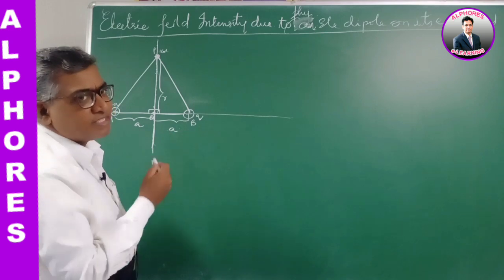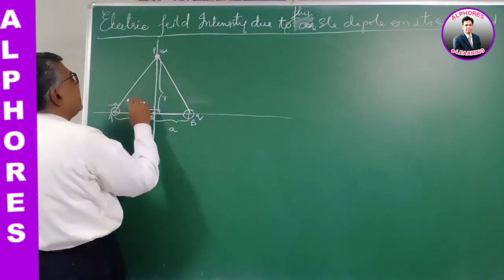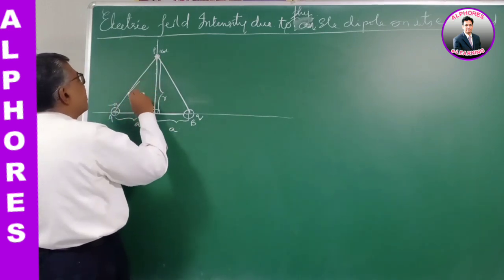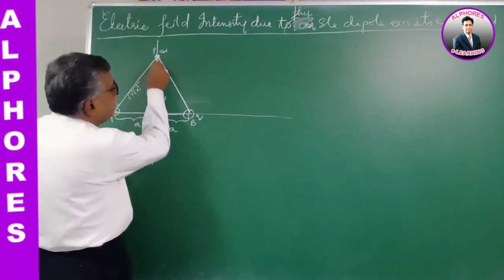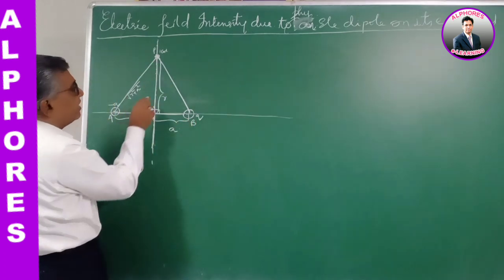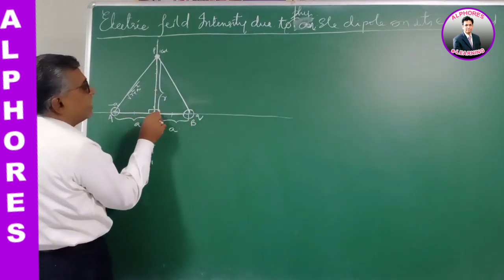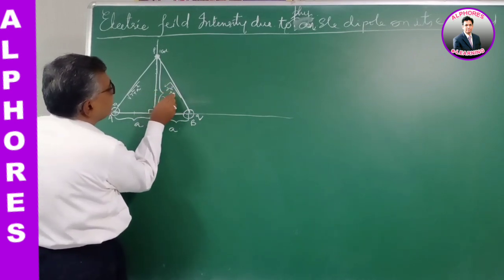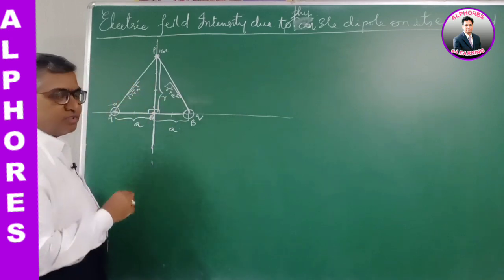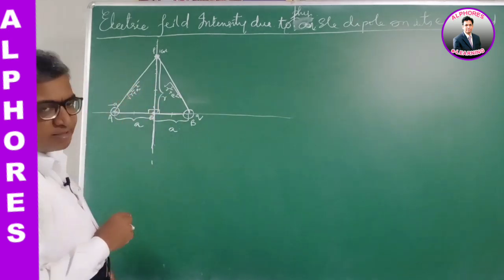Applying Pythagoras theorem, AP is the square root of r squared plus a squared. Similarly, OPB is again a right angle triangle. This is r, this is a, and again applying Pythagoras theorem, this distance is the square root of r squared plus a squared. So these are the distances.